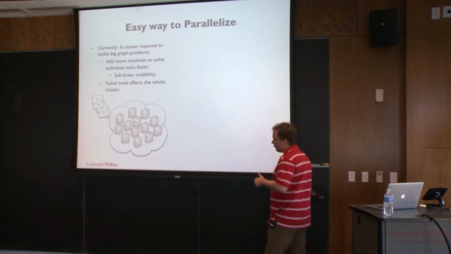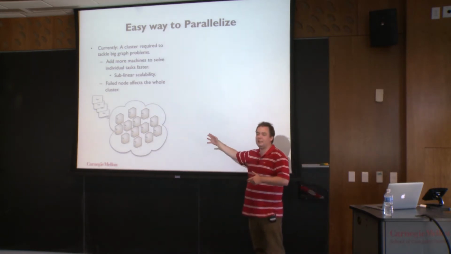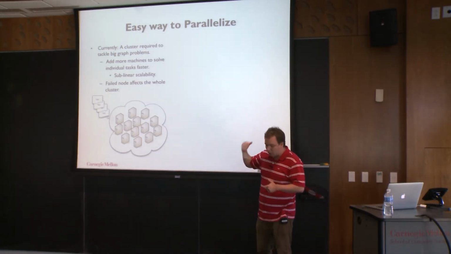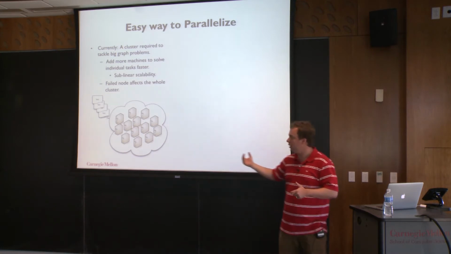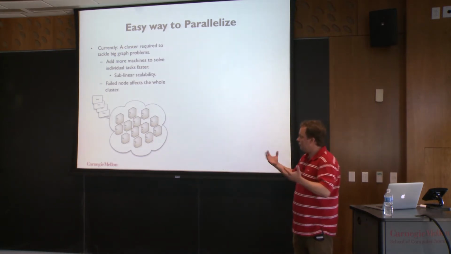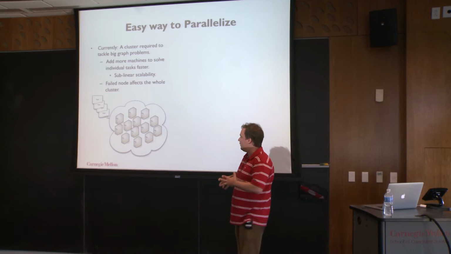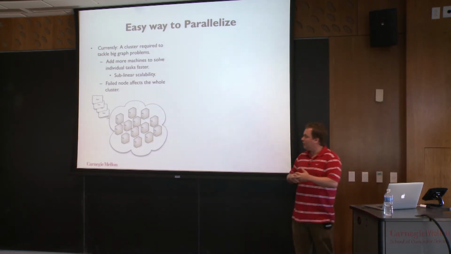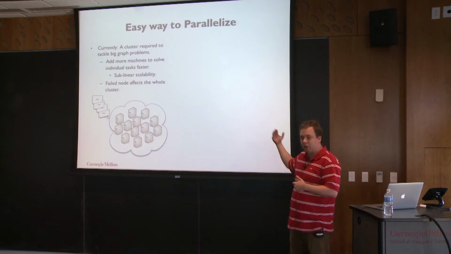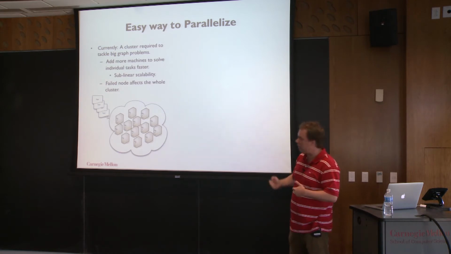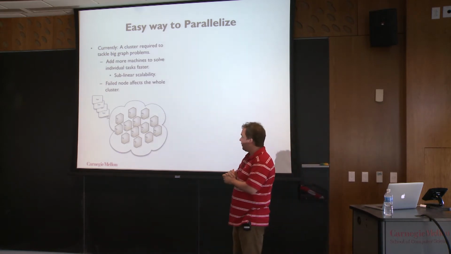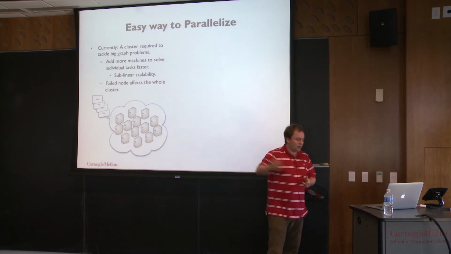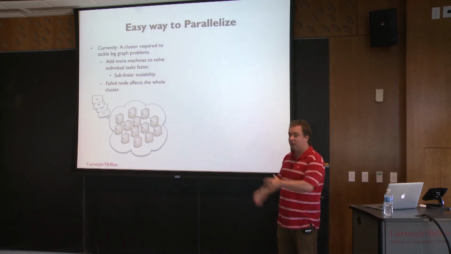Now, the current way of doing this is that you actually need a cluster to run these tasks at all on the big graphs, because they cannot fit into memory. And if you want more performance, you just add machines to your cluster. But there are several problems with this approach. If one node goes down in your cluster, it affects the whole cluster.